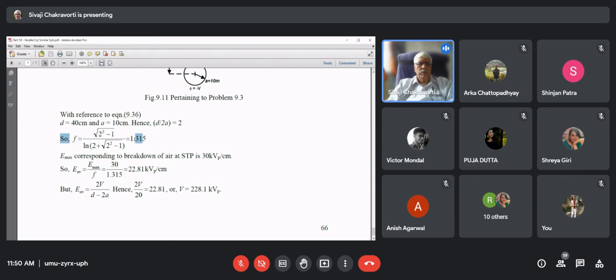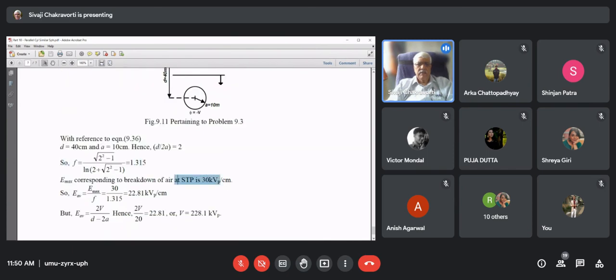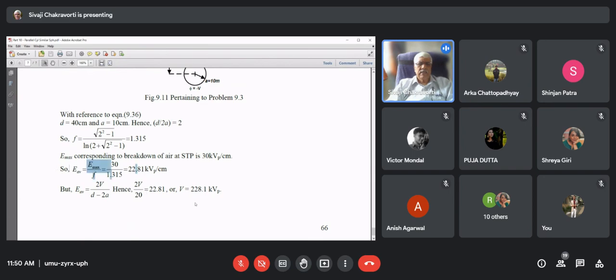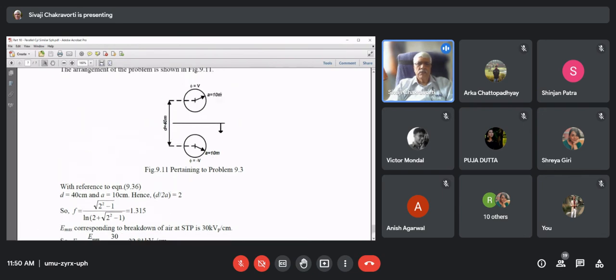So we can find out the field factor F, and it comes out to be 1.315. When the breakdown takes place, the field intensity is equal to the breakdown strength of air at STP, which is 30 kV peak per centimeter. So we find E average, which is E max by F. It comes out to be 22.81 kV peak per centimeter. Then E average is 2V by D minus 2A. D is 40 centimeter, 2A is 20 centimeter, 2 into 10.